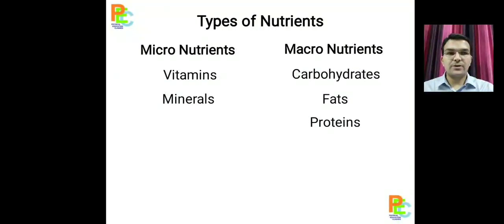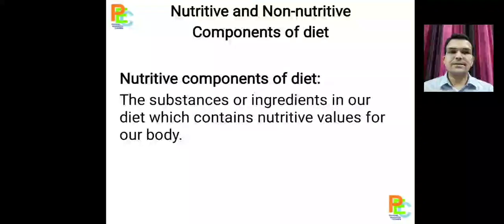Now let us discuss another very important topic of this unit, nutritive and non-nutritive components of diet. As we categorize nutritive components in two categories, micro and macro, here we are categorizing all the components in two types, nutritive and non-nutritive. Nutritive components are those which contain some nutritive value for our body, like carbohydrates, fat, proteins and all.